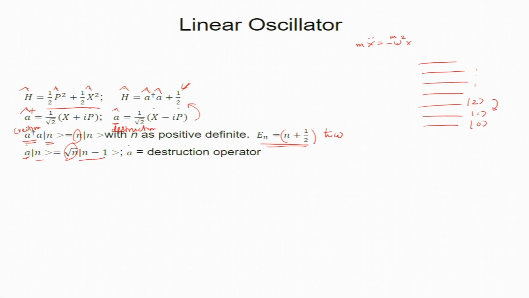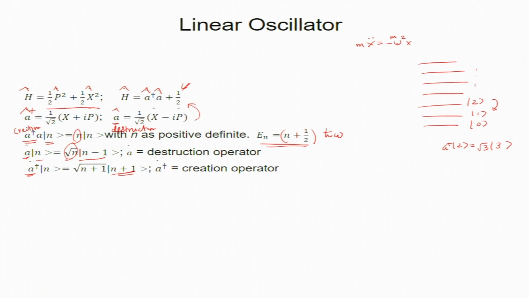Hamiltonian, of course, if I operate h on 2, then it will remain on 2 and will give the eigenvalue n plus half. a dagger will take it up. a dagger is a creation operator which takes it to n plus 1. So, a dagger acting on state 2 will give you 3, and what is the prefactor? Square root 3.